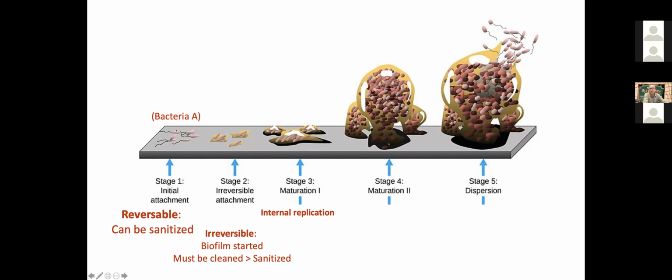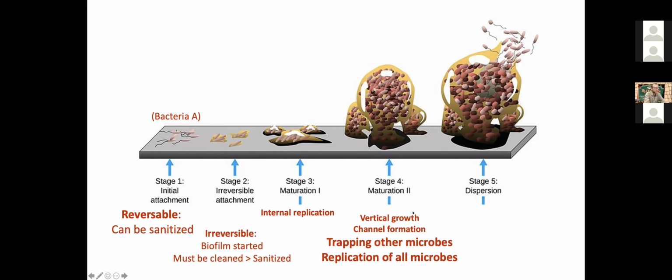During the next stage, they begin to replicate and start to take on some of the more physical characteristics of biofilms. The fourth stage, they're beginning to form these water channels. They're growing, they're replicating rapidly. And they also have the ability to allow viruses or other bacteria that get incorporated into this biofilm.